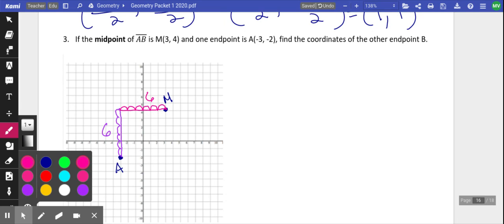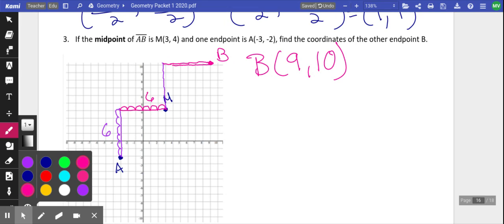So that means for my new point, I need to go up 6 and over 6. So I'm going to start on M. I'm going to go up 6. And then I'm going to go over 6. And there is my new point B, which has the coordinates 9, 10. And that's doing it using the graph.